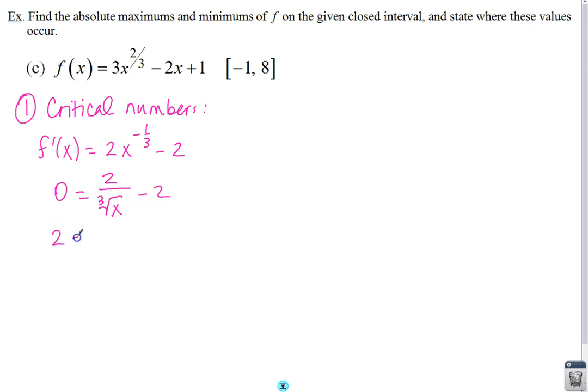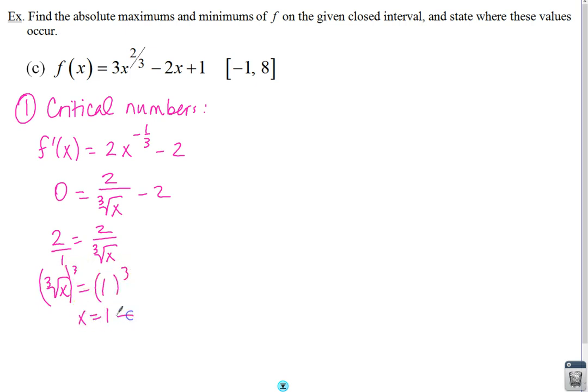So bring that over. I'm going to cross multiply and divide here. And so basically, cross multiply, divide, you get the cube root of x is equal to 1. Multiply by 2, divide by 2. 2 over 2 is 1, guys. Right? So cube both sides. X is equal to 1.